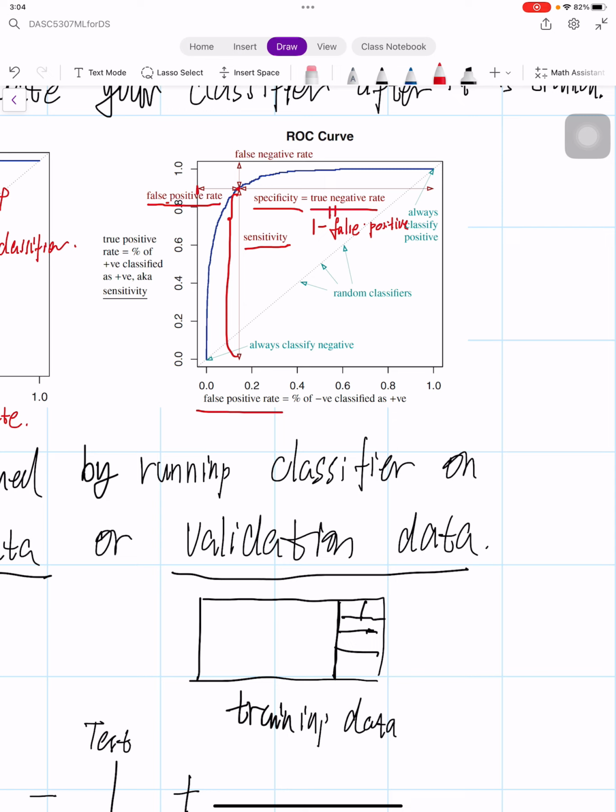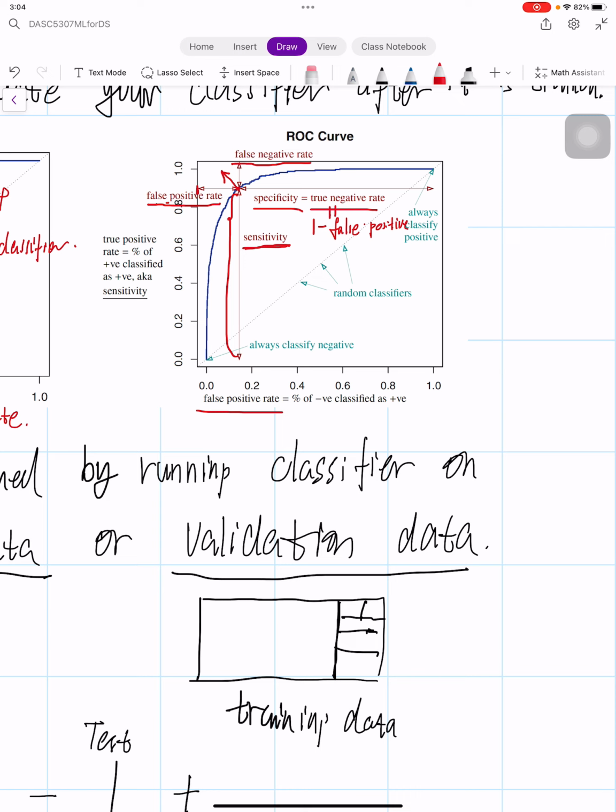So if you have a classifier more toward the upper left corner, the classifier is better, because you have a lower false positive rate and a higher true positive rate. I think this chart is very good. So the true positive rate is the sensitivity, and one minus the false positive rate is called the specificity.